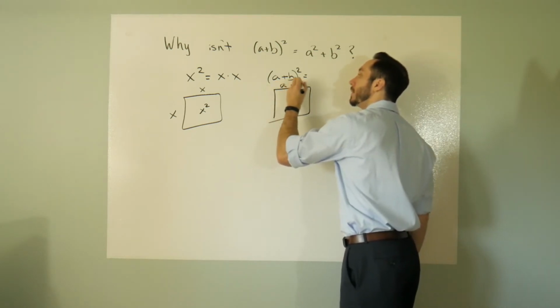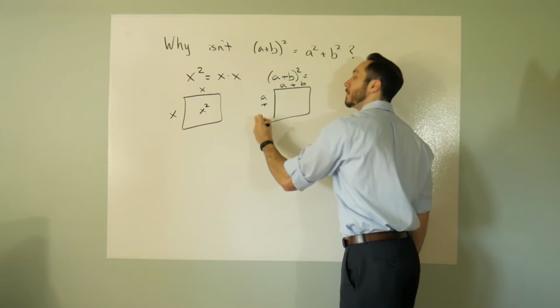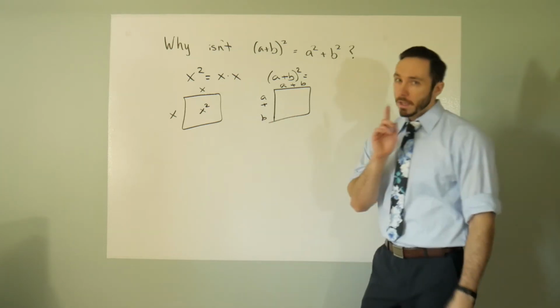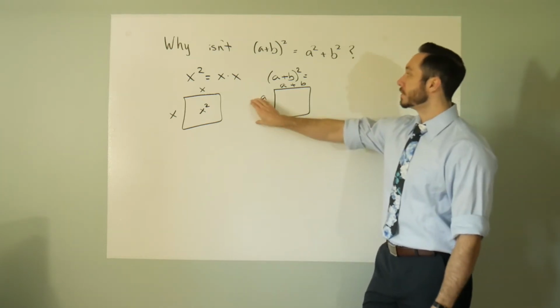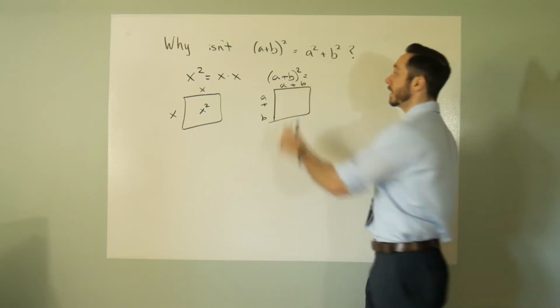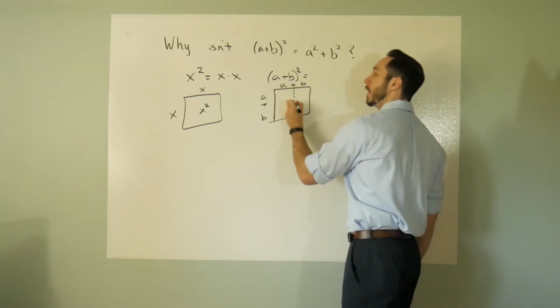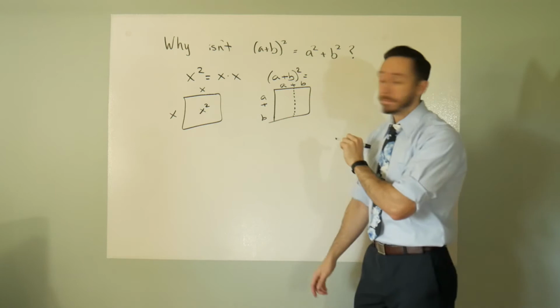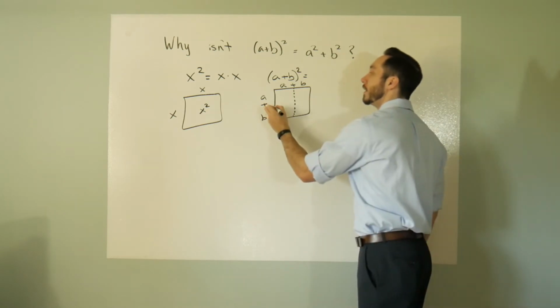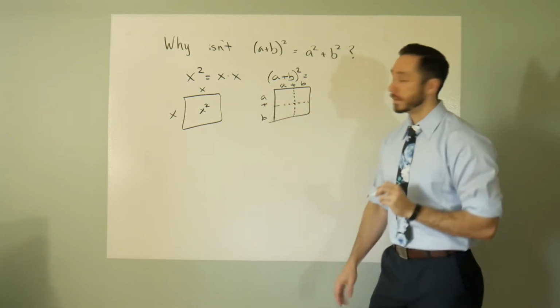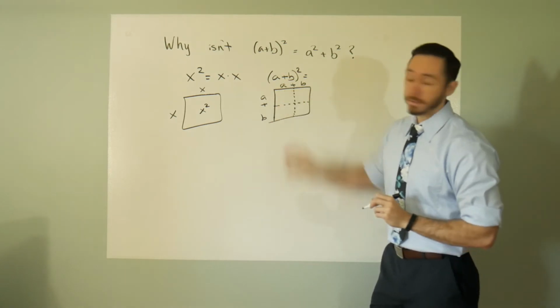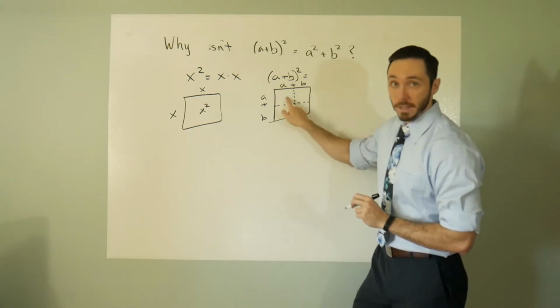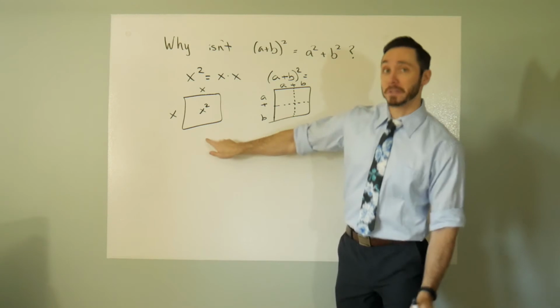This will be a plus b times a plus b. Now wait a minute, I have two terms here and two terms here. I can think of this length as a, and this length as b. And I can do the same exact idea on the other end. This length is a, and this length is b. So looking at this top left box, I can do the same exact approach I did over here.